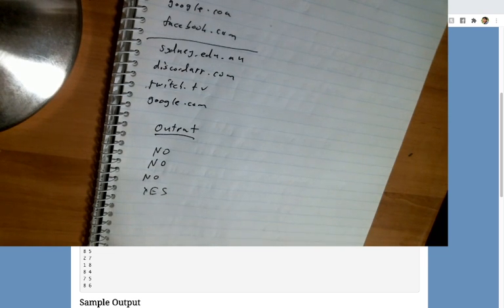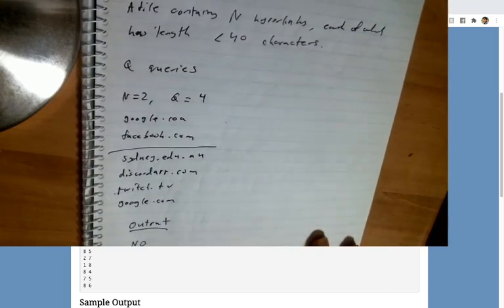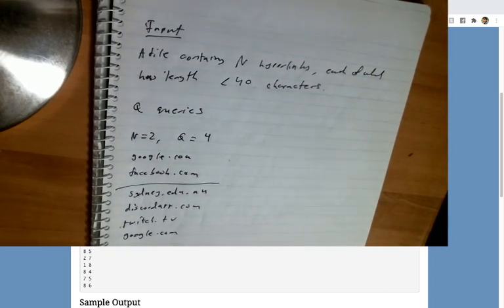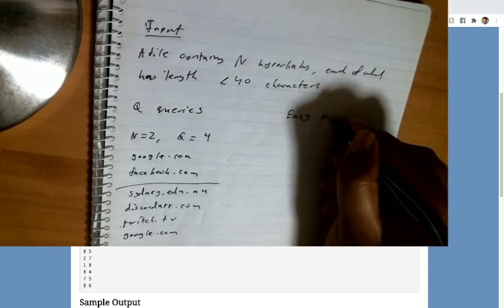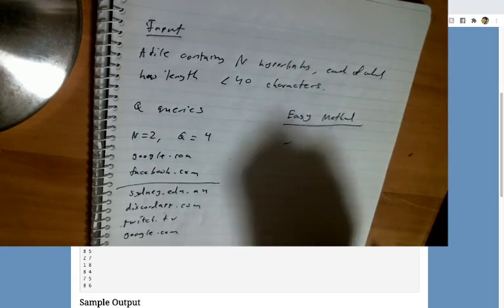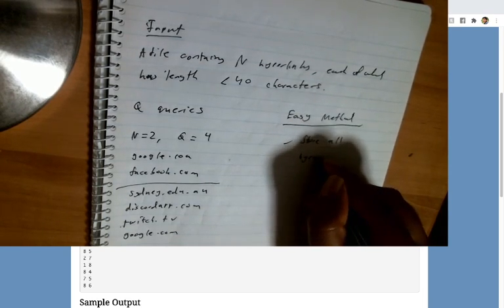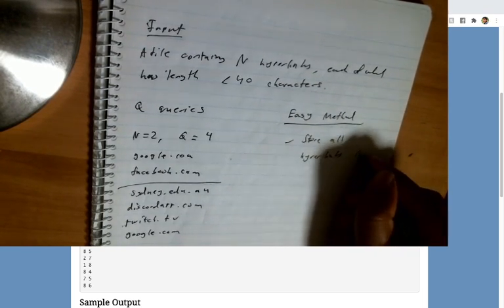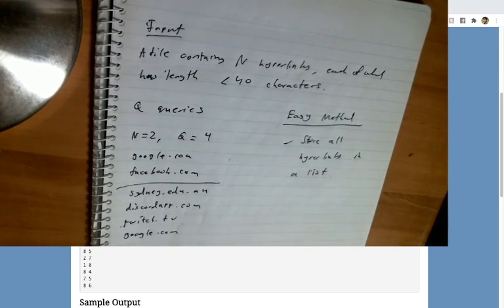All right, so what is the easy method of doing this? The easy method is to store all the hyperlinks in a list, and then when we get to the Q queries, what we do is check the entire list.